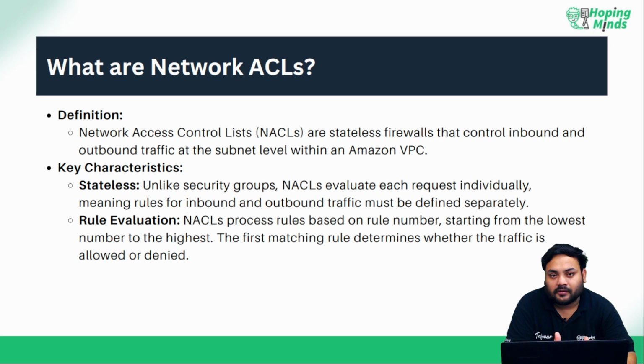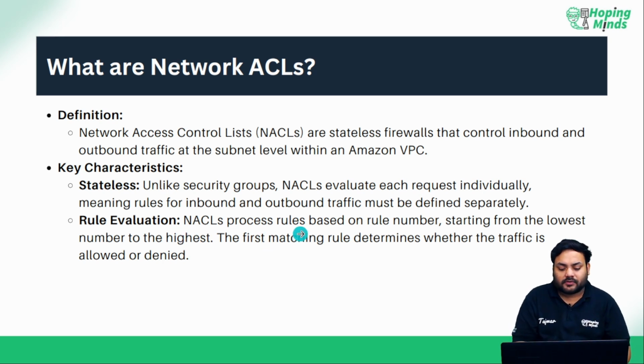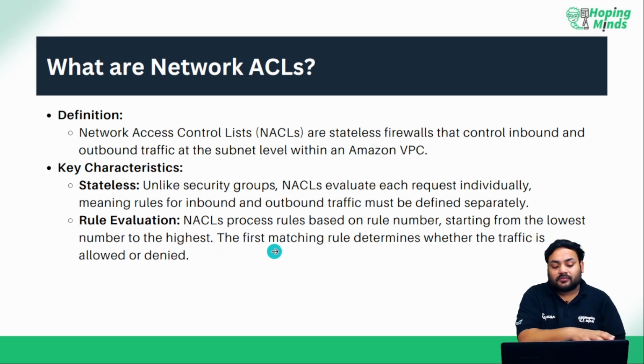But here, the network access control list evaluates each and every request that is coming. For rule evaluation, it processes rules based on rule number, starting from the lowest number to the highest number. So this is how rule evaluation works.